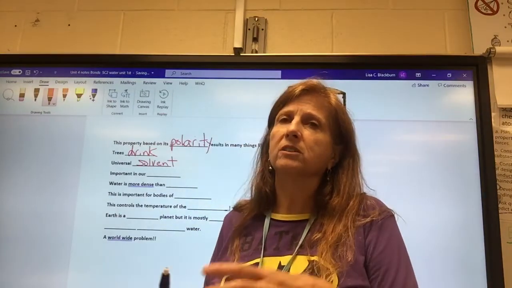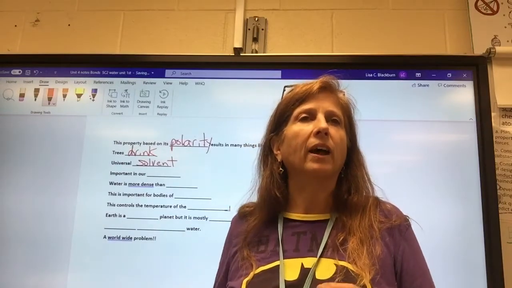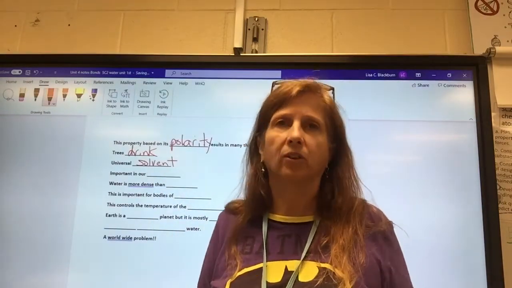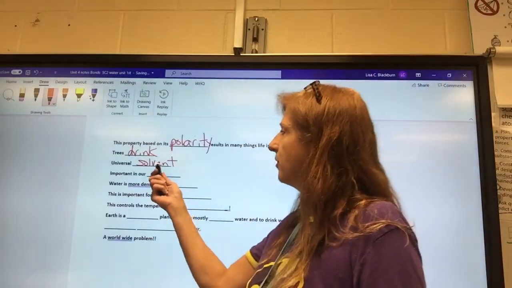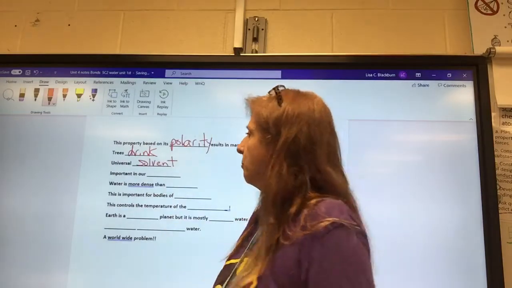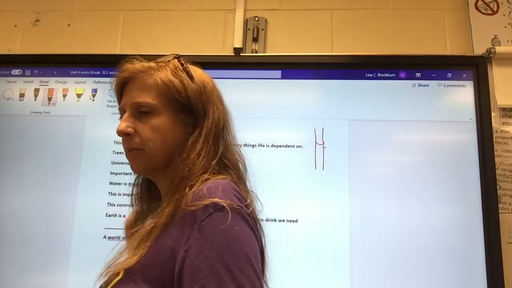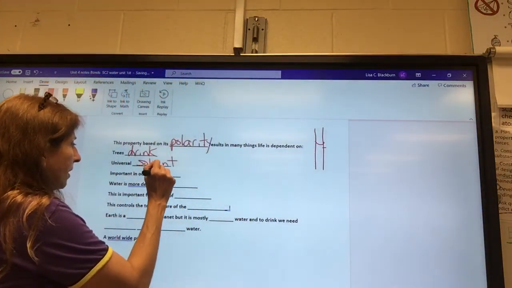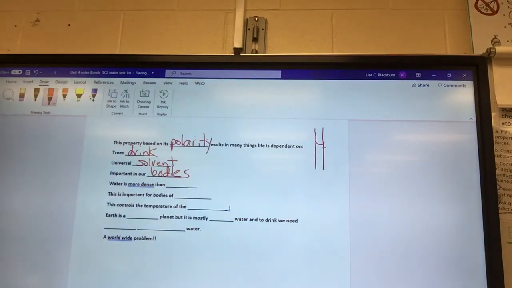Well, the oceans are the foundation of biological life. Without the oceans having living beings in it, we would not have life on land either. It's all connected. So, if it wasn't the universal solvent, no life on this planet. I made this list but didn't write down what I was thinking. I think it's important in our bodies because of that. It's important in our bodies to dissolve stuff.